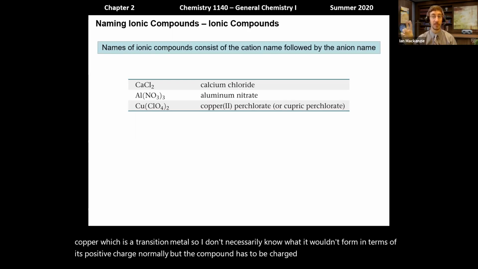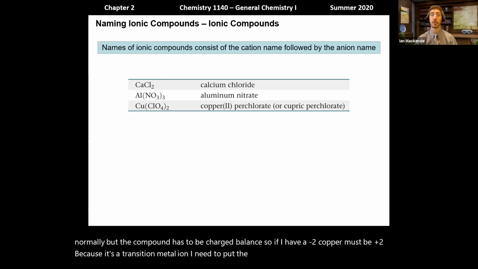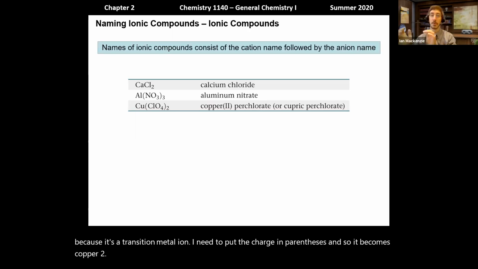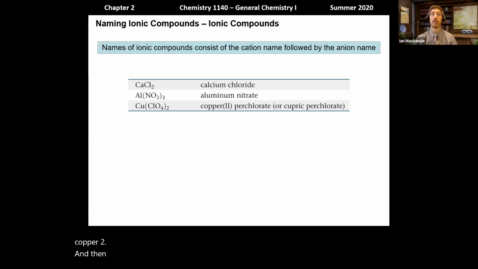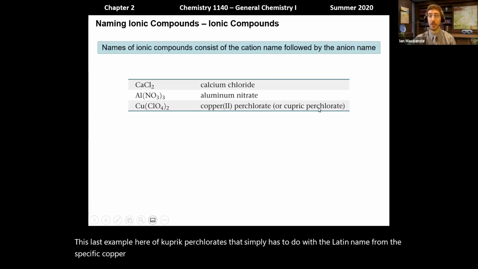So if I have a -2, copper must be +2. Because it's a transition metal ion, I need to put the charge in parentheses, and so it becomes copper(II) perchlorate. This last example, cupric perchlorate, simply has to do with the Latin name for this specific copper cation. You do not have to know that for naming ionic compounds.